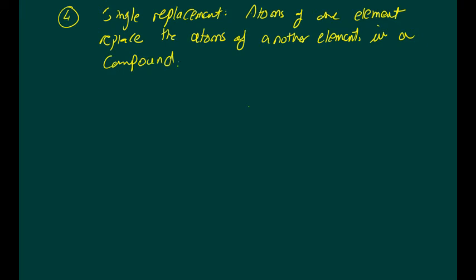So you will have a compound like BX. Atoms of A can replace atoms of B in the molecule BX, forming AX and B.